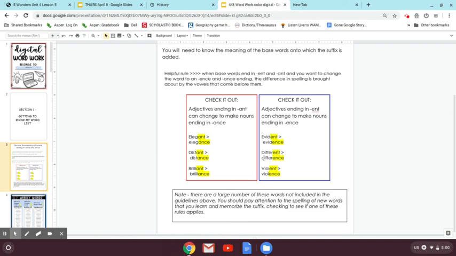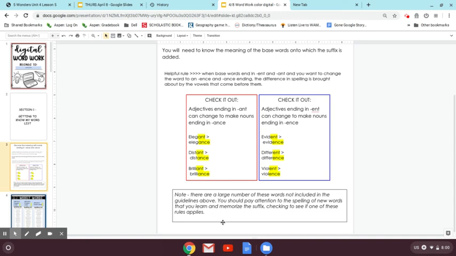If you can knock it down to the base word, you have a great chance of figuring out what the word means. So that's going to help you a lot. And that is the case with these words in your word work file there. Something to note though is sometimes you can't figure out the base word a word is based on.